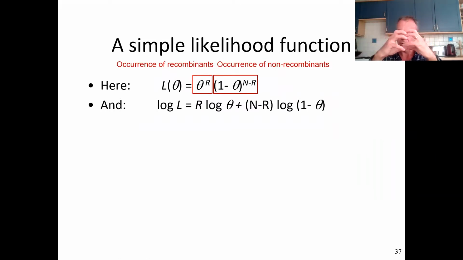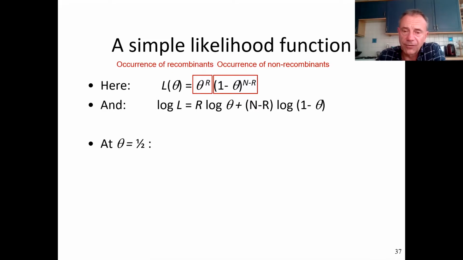When you take the logarithm of a product, then it's the sum of the logarithms of the original numbers. So the log of theta to the power of R is R times the logarithm of theta, and the logarithm of 1 minus theta to the power of n minus R is n minus R times the logarithm of 1 minus theta. And that is the log of the likelihood, which is what we want.